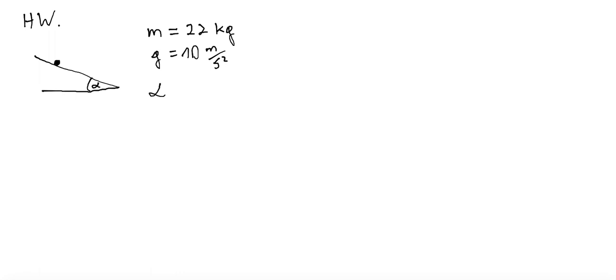And the angle of incline is given as, let's take 40 degrees. Remember the calculator option degree. That's all. We have mass, gravitational acceleration, and 40 degrees as the angle. Your task is of course the same.